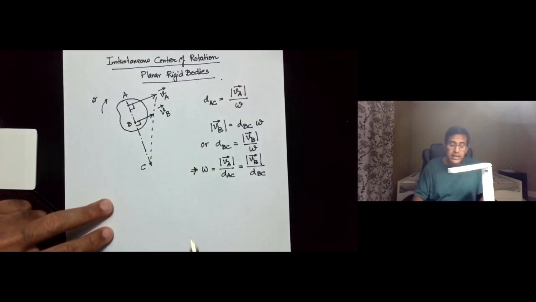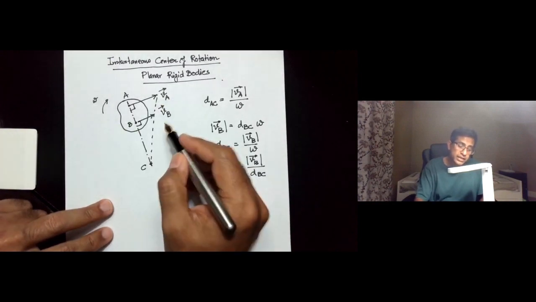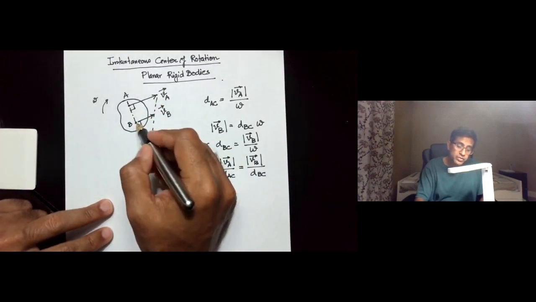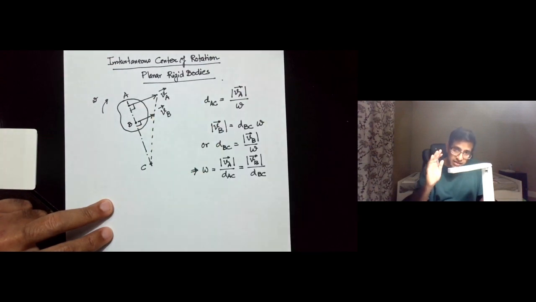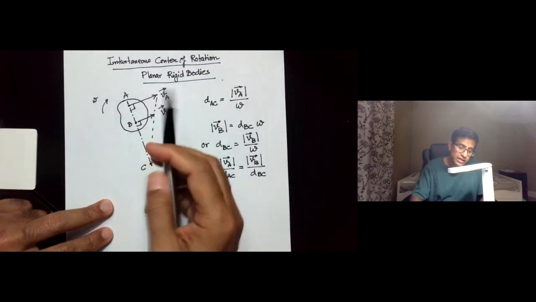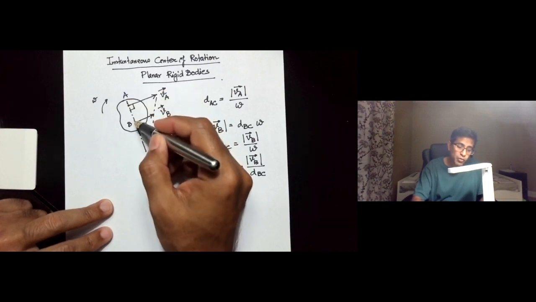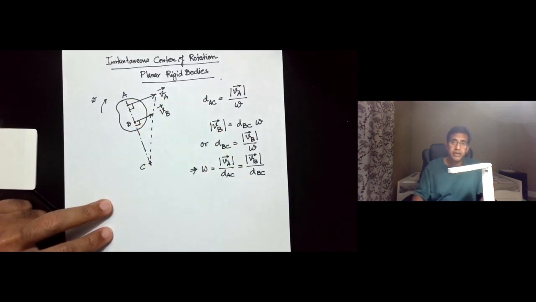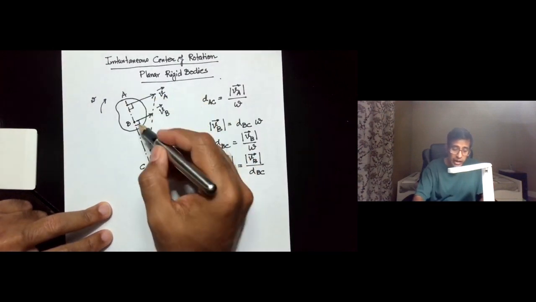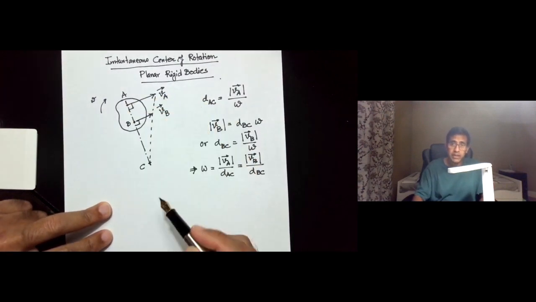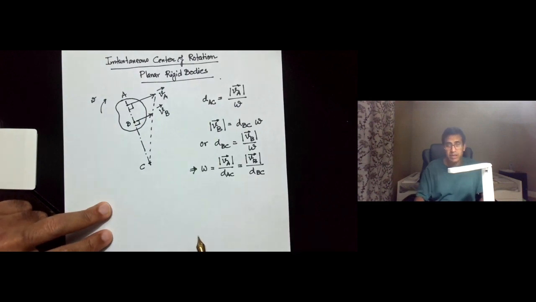Okay, and in this case you can see that when I have 2 points which have velocities that are parallel to each other, they will necessarily be such that the perpendicular to one velocity will contain the second point. So the perpendicular to the velocity of A will pass through the point B where the velocity VB is given.